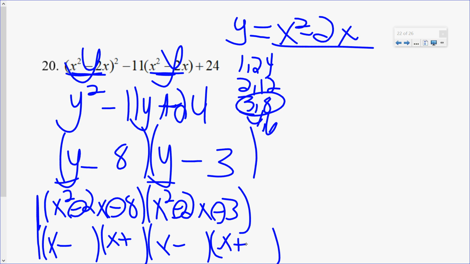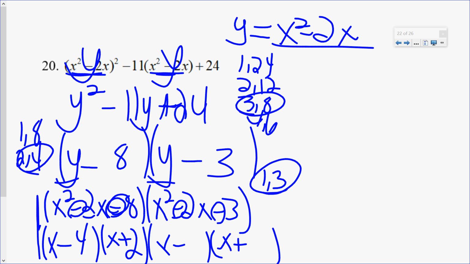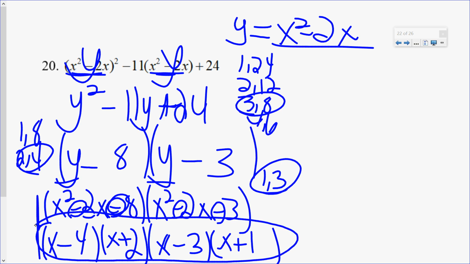Multiplies to 8. Subtracts to 2. 4 and 2, bigger number goes first. Multiplies to 3, subtracts 2, 3 and 1, bigger number goes first. Can't factor any further. I'm done. That's substitution trinomials.